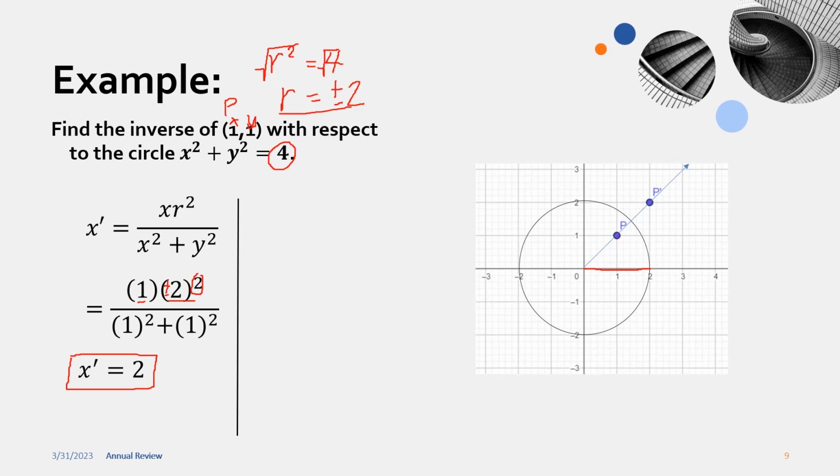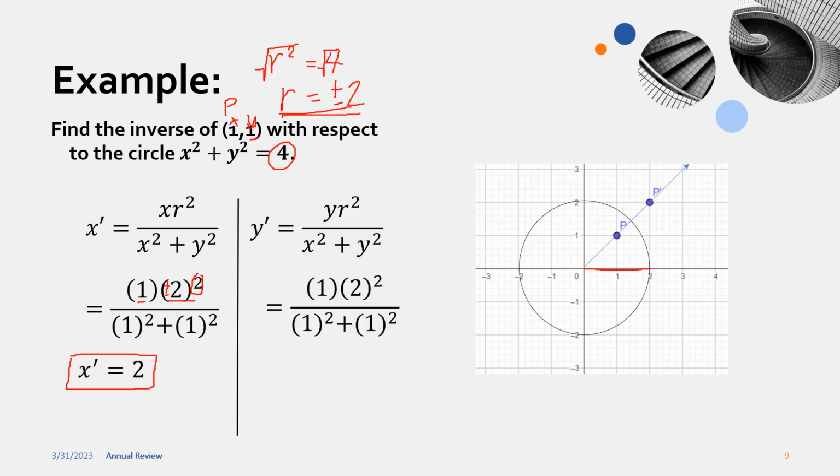Next, let's move on to our y prime, to complete the coordinates of the point of inversion. Looking back again to our theorem, the formula of y prime is equal to y r squared all over x squared plus y squared. It is given that the value of our y is equal to 1, and the value of our radius is plus or minus 2.